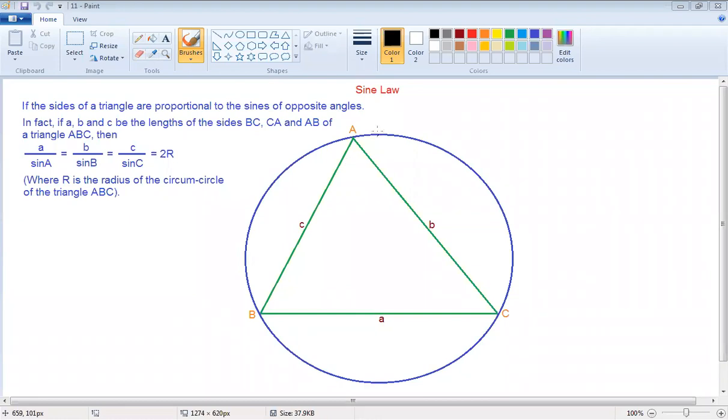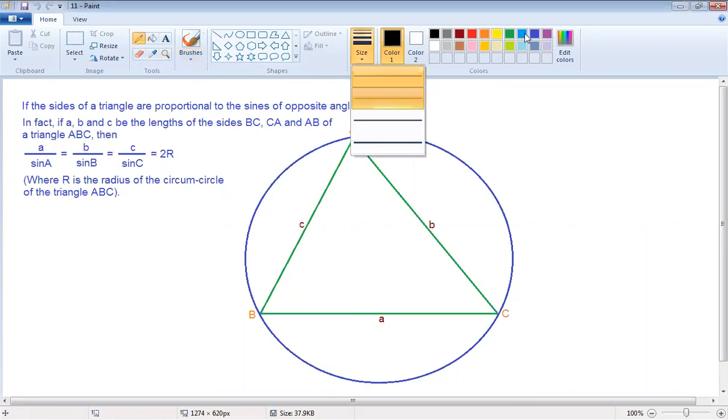Now, this is known as the sine law. What we are going to discuss is the sine law. The sides of a triangle are proportional to the sines of the opposite angles.